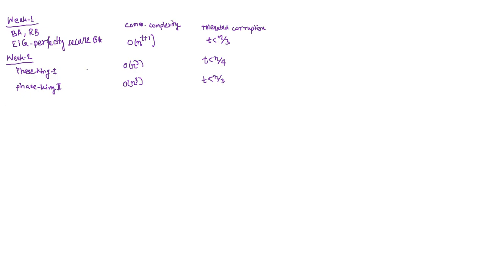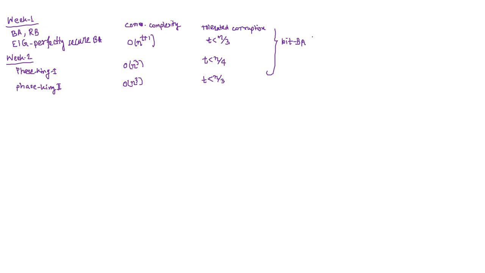We also had, all these three protocols were bit BA protocols. So all the parties have a single input bit, and then after running the Byzantine agreement protocol, all the honest parties would agree upon a common output bit. That is the purpose of this Byzantine agreement protocol.